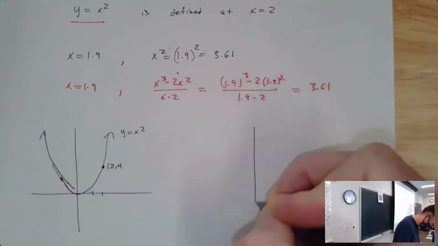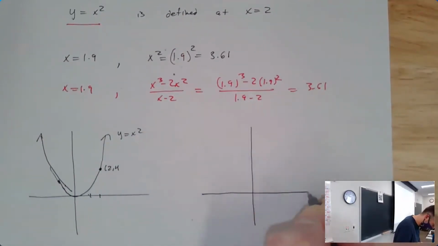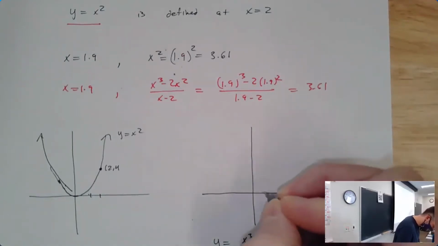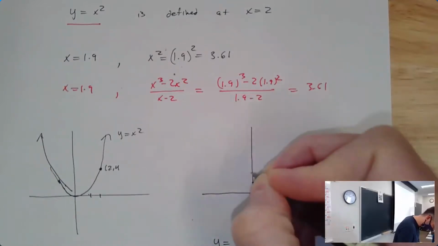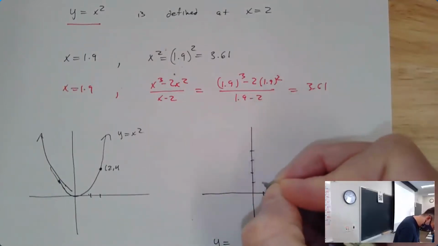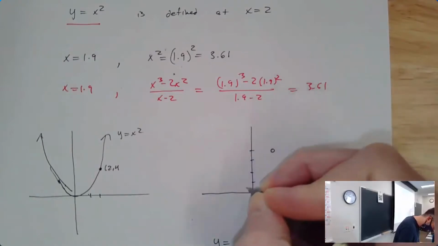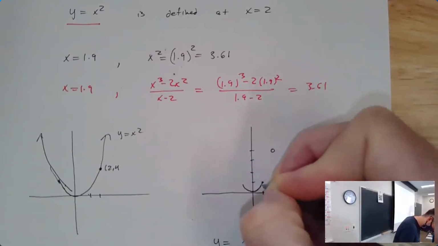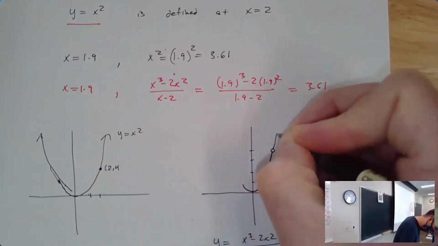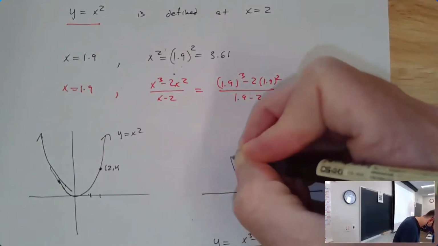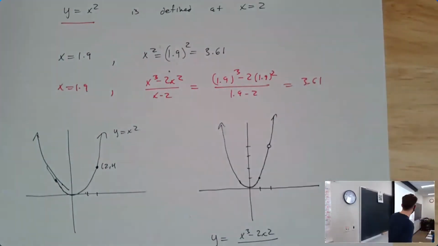And here is the other function, y equals x cubed minus 2x squared over x minus 2. And its only difference is that at the point 2 comma 4, it's going to have a hole. But in every other regard it is exactly the same as the other function.